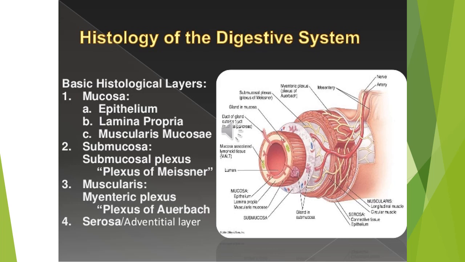Then the submucosa is made up of dense irregular connective tissue, lying between the mucosa and the muscularis externa, having its own nerve supply plexus, which is called Meissner's plexus. Coming to the muscularis externa, usually in the digestive tube the basic muscle pattern is inner circular and outer longitudinal.